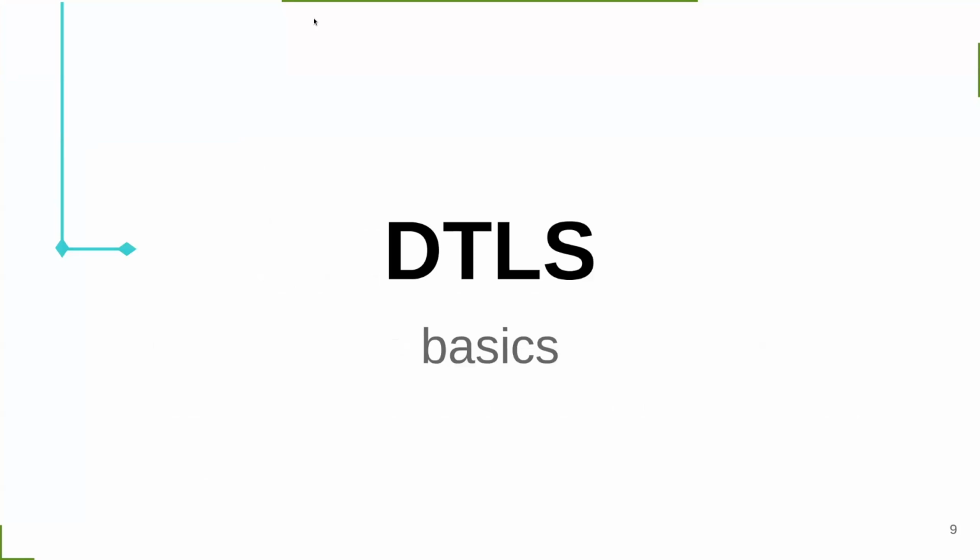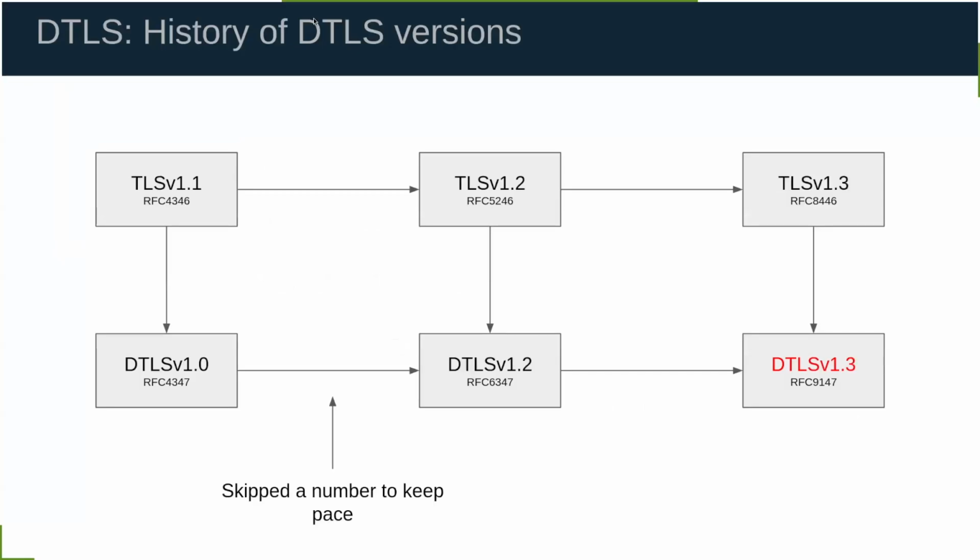So let's start with the basics. First of all, let's try to understand why there is a number missing in the version of DTLS. Basically, the first version of DTLS, the 1.0, was based on TLS 1.1.